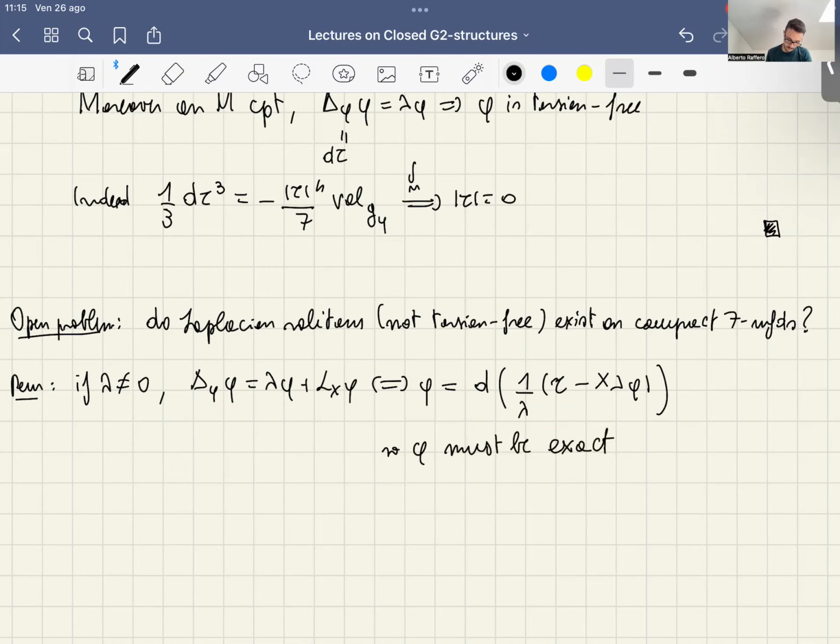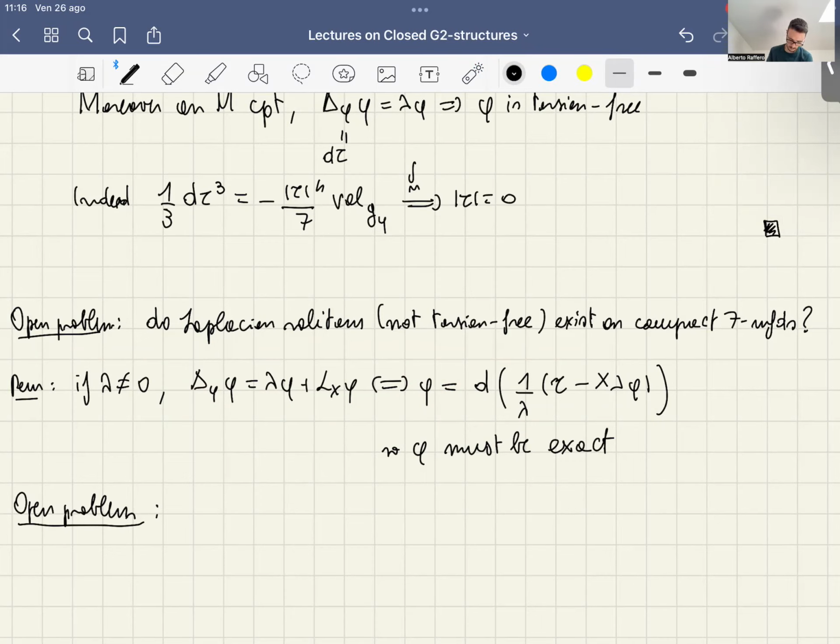And this problem here is related to a more general open problem concerning the existence of closed G2 structures on compact 7 manifolds that are defined by an exact three form.